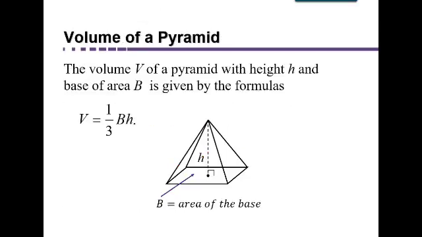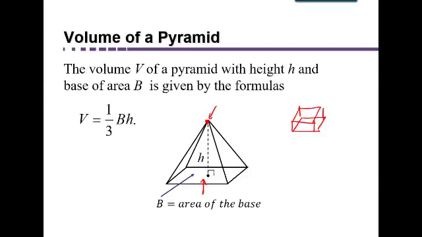All right, let's talk about pyramids. Remember the difference between prisms and pyramids. Pyramids have a polygon base, and then they come up to a point, a vertex at the top. We previously learned how to find the volumes of prisms, where you have the same shape on the bottom and the top instead of coming up to a point.